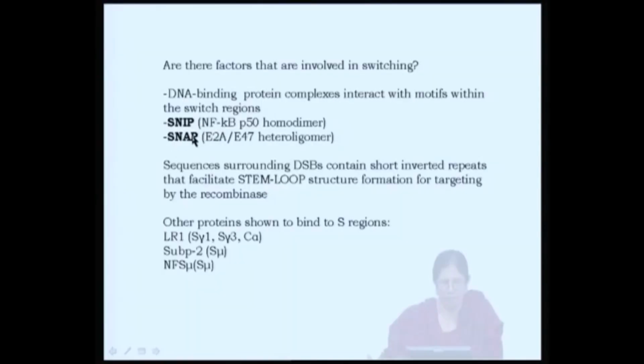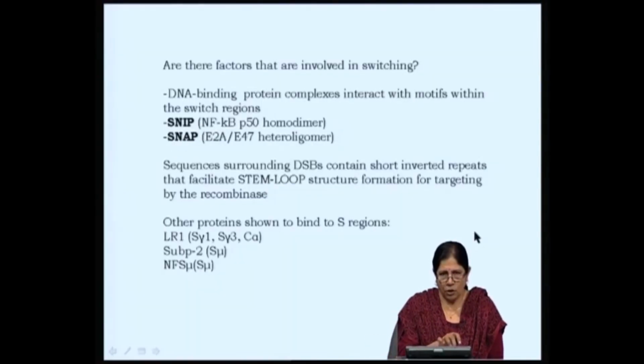So, people have looked at what would be the protein complexes that interact with the switch region or motifs within the switch region, and there are two such candidates that have been discovered called SNP and SNAP. SNP is NF kappa B P50 homodimer and SNAP is E2A E47 heterooligomers.